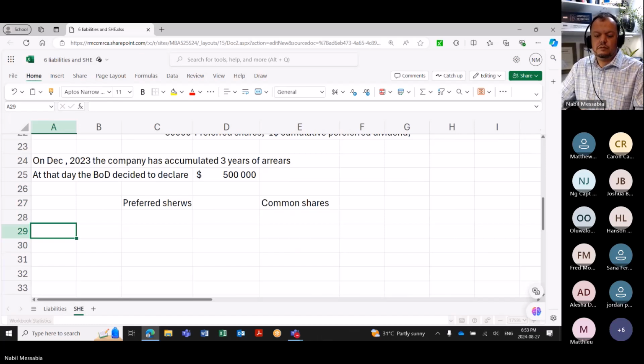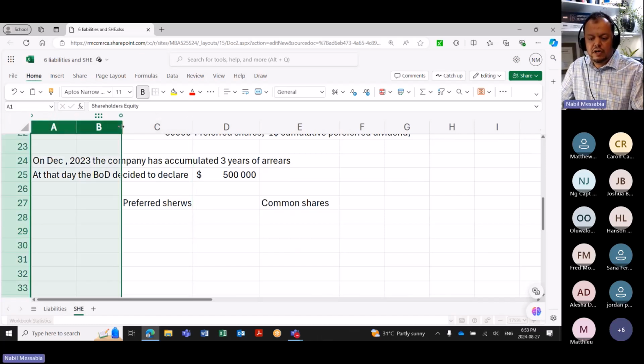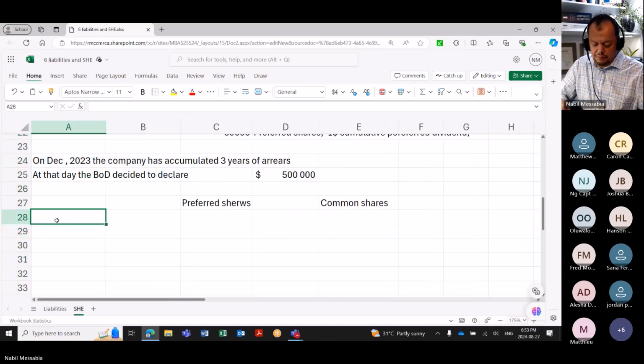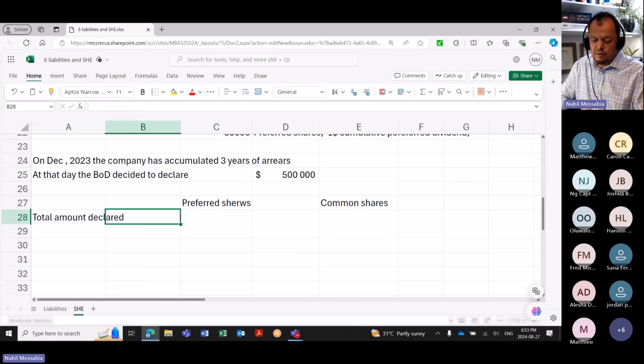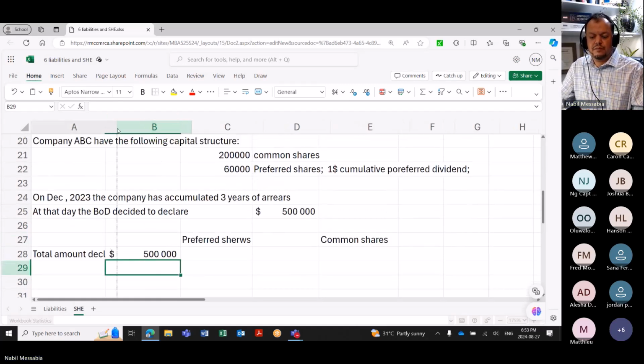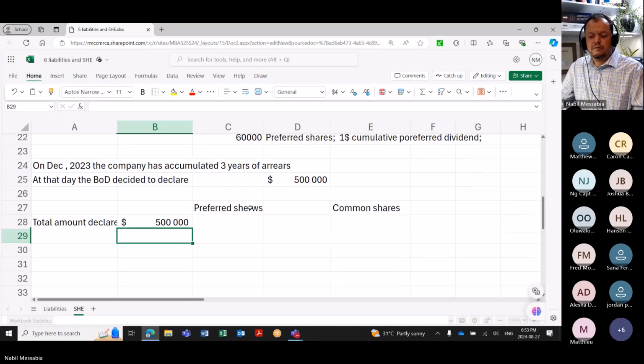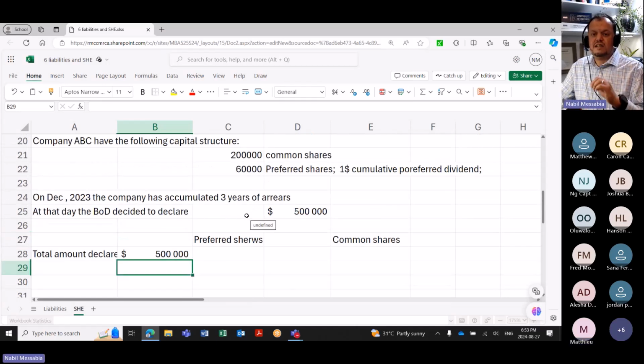The total amount declared is, as we said, $500,000. Priority will go to whom? Preferred shares. More accurately, all of the accumulated dividends, arrears first. The oldest arrears first.